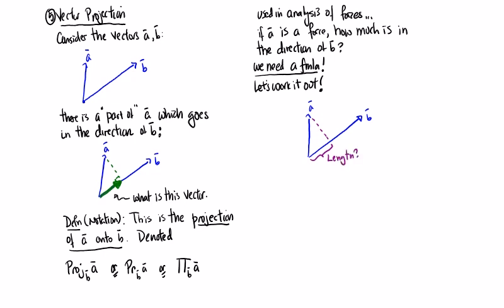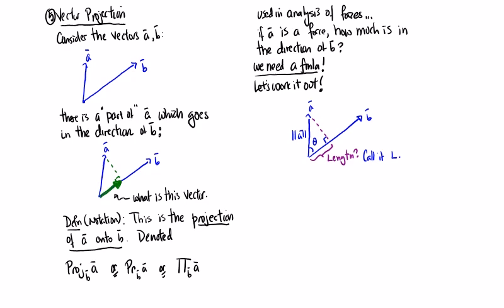This isn't hard to work out. Let's fill in some details here on this picture. There's a little triangle going on here. The length up here is the length of A. There's an angle in here. And let's call this length L for the sake of argument. If you look at that right triangle, it's a right triangle because of this angle, you automatically think of cosine, because the cosine is the adjacent over the hypotenuse.